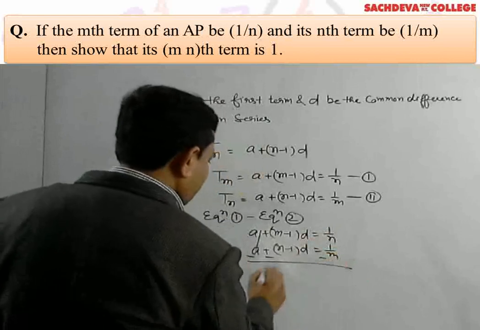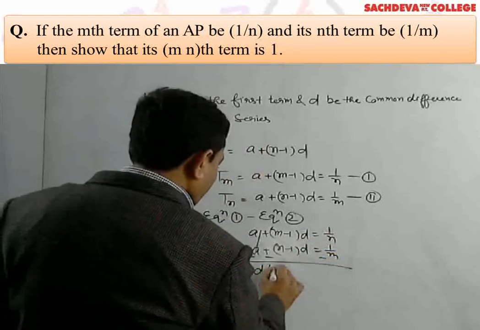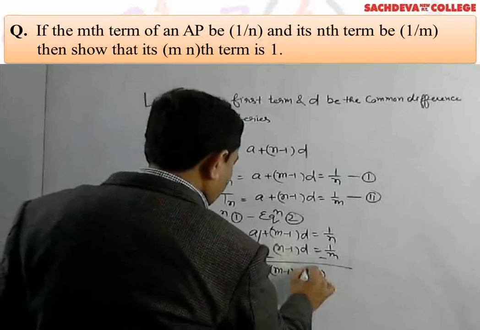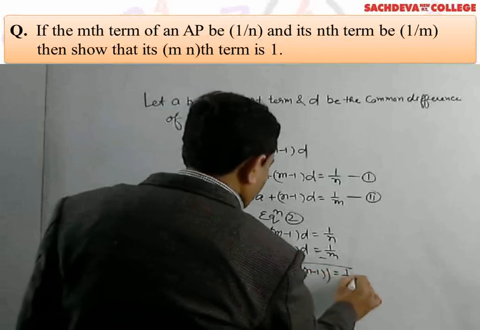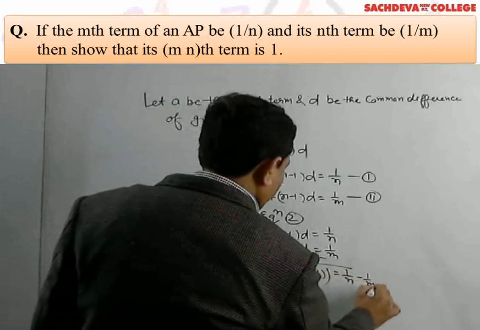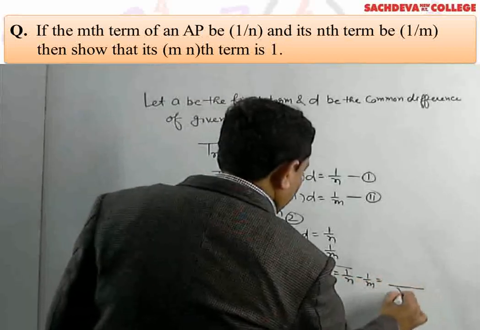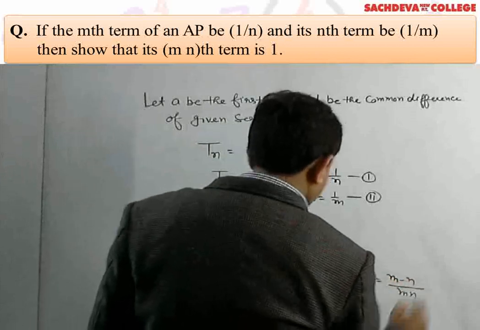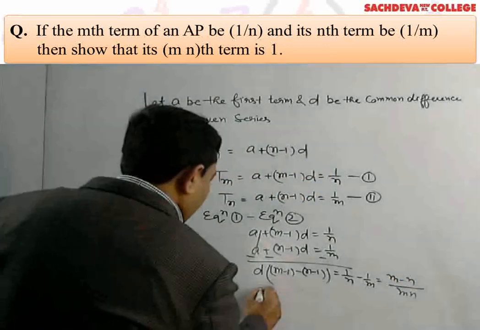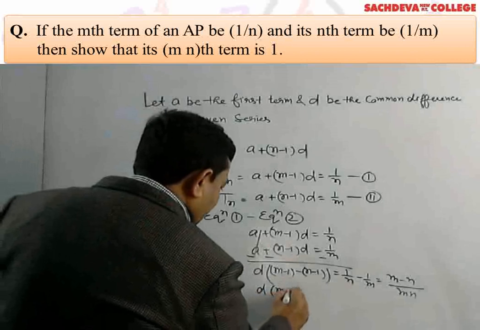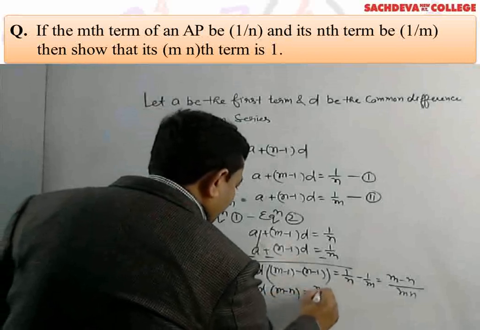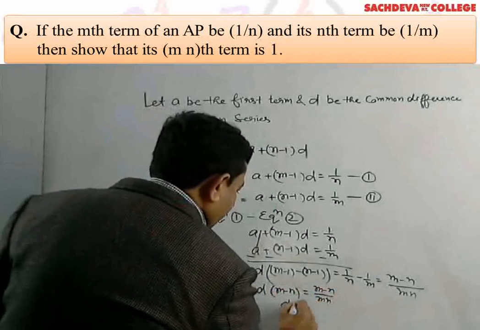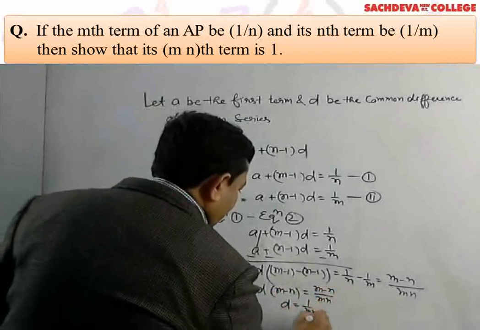This cancels by this, or we find D into (m minus 1 minus n minus 1) is equal to 1 upon n minus 1 upon m, or will be equal to, mn is the LCM here, or we find m minus n. So D into (m minus n) is equal to (m minus n) by mn, or D will be equal to 1 upon mn.